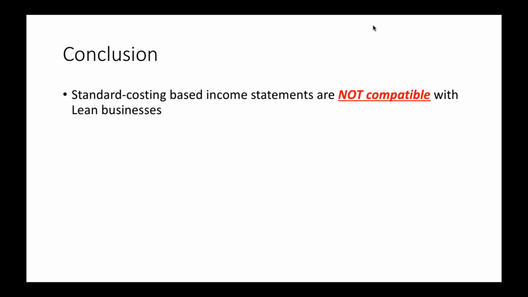Standard costing-based income statements are going to give you the wrong information to analyze how financially viable lean operations is really doing. So this is why we want to transition to a value stream income statement.